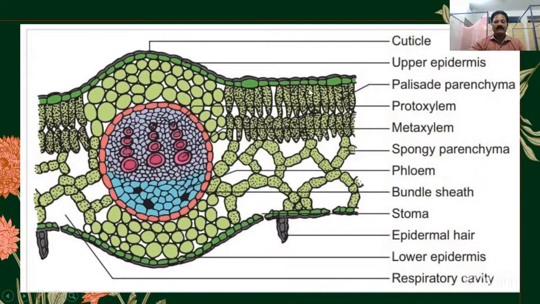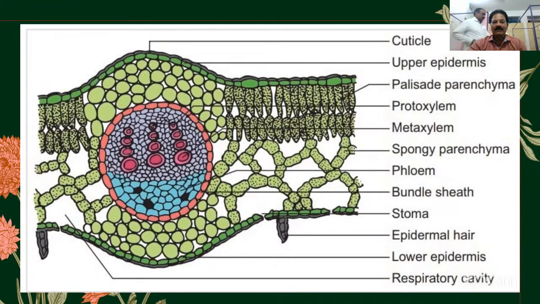This is the dorsiventral leaf. The upper epidermis is called dorsal side. This is the lower epidermis, called ventral side. I'll repeat once again. Upper epidermis is called dorsal and the lower epidermis is called ventral.